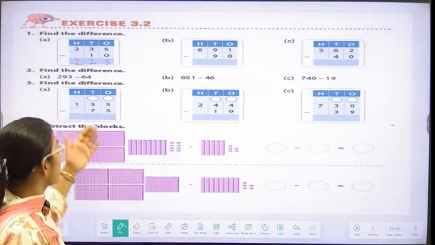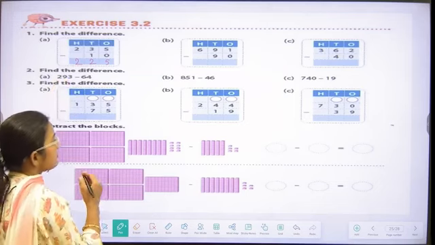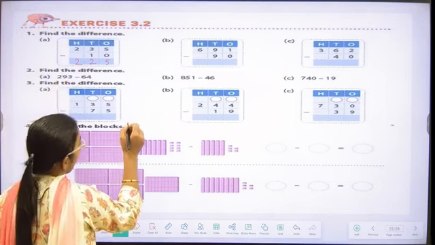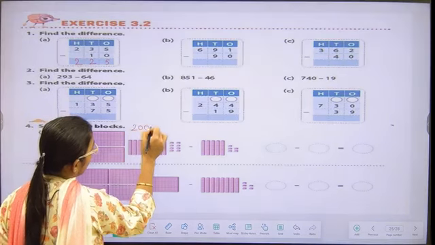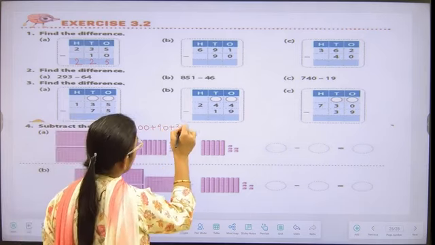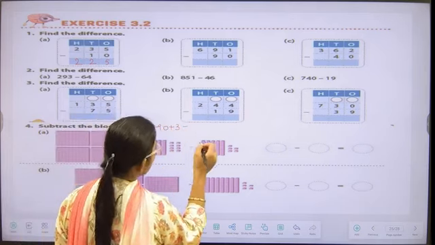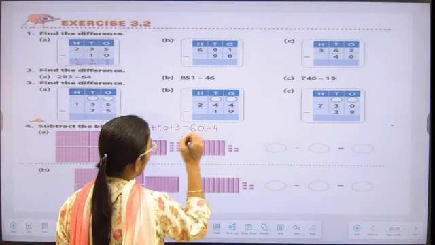So let's do the subtraction by horizontal method, student. We have to subtract from 293. So first we have to write 200, 9 tens and 3 ones. We have to subtract 64. So we can write 6 tens and 4 ones.